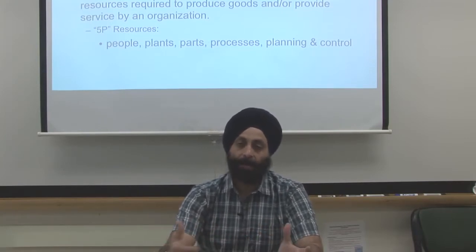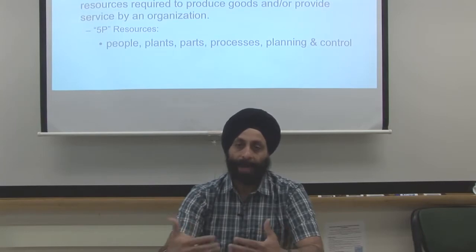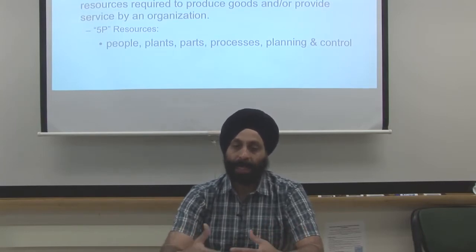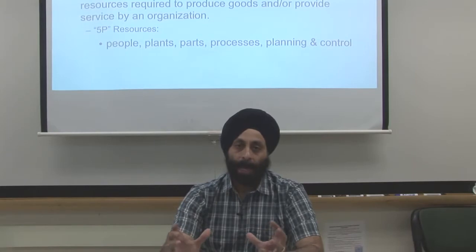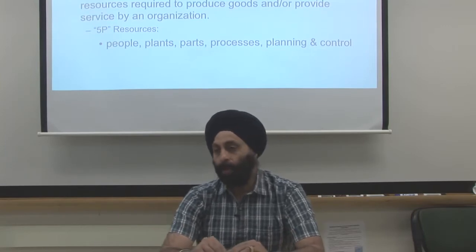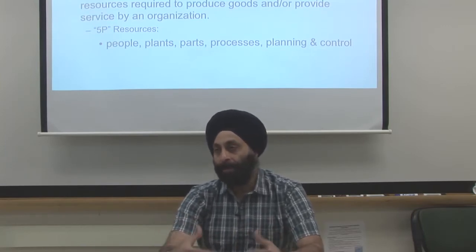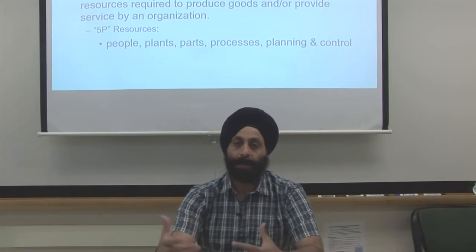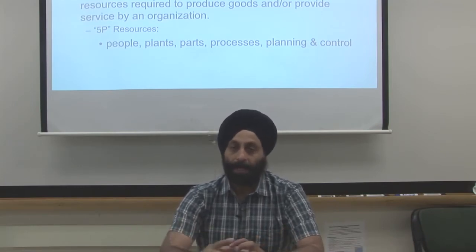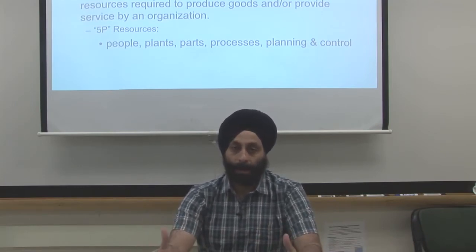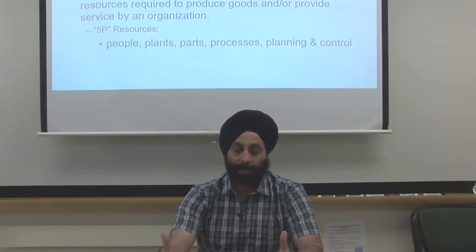Then we also need the facility known as plants. So in this case, we are trying to have a place where we actually create the goods and services. Then we need parts, major ingredients that are needed, the raw material, the sub-assemblies, which are needed to put together a product or create a service.